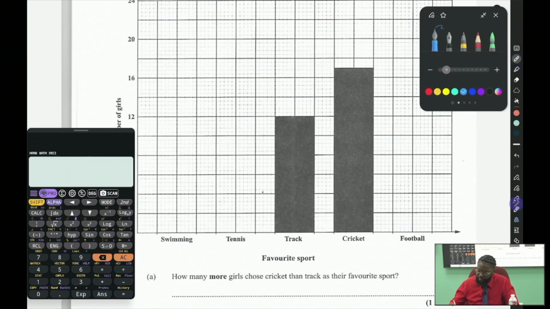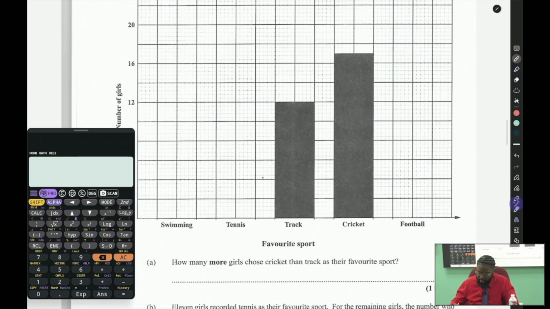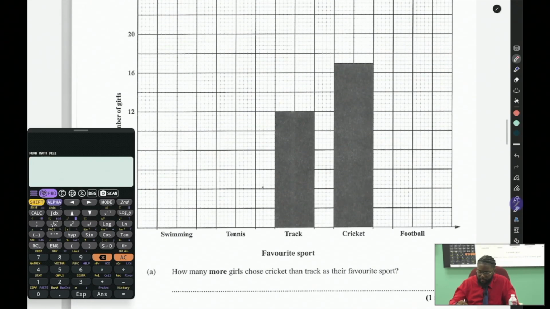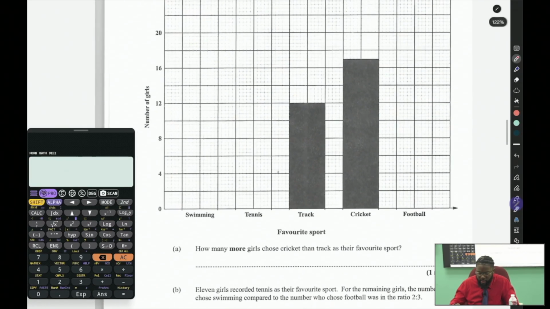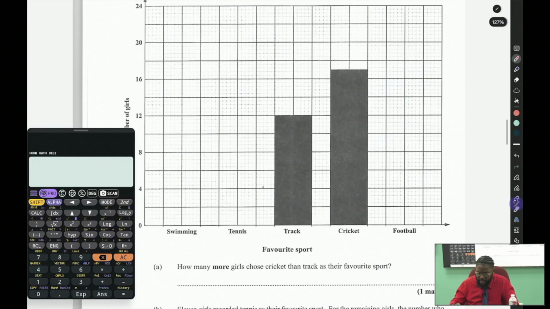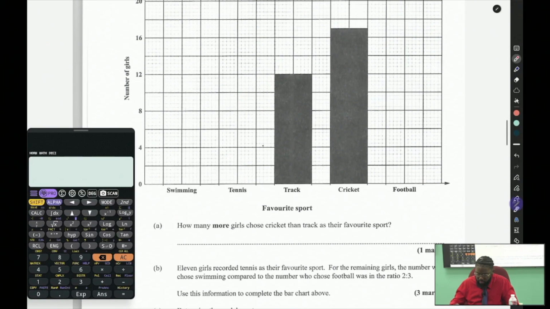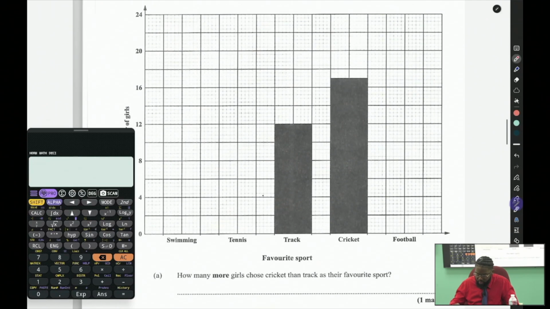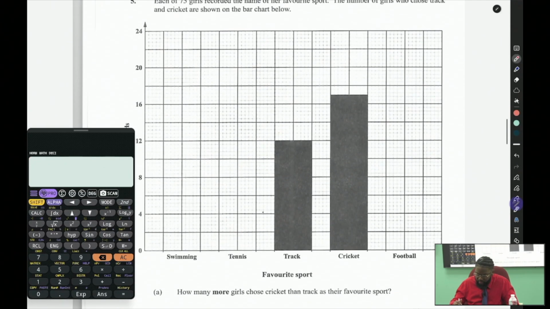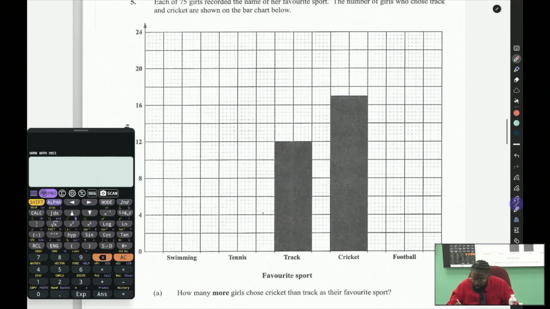So here, we're going to look at track and cricket, and we're going to have to read our graph so that we can be accurate to know how many more girls chose cricket than track. We have to be careful.